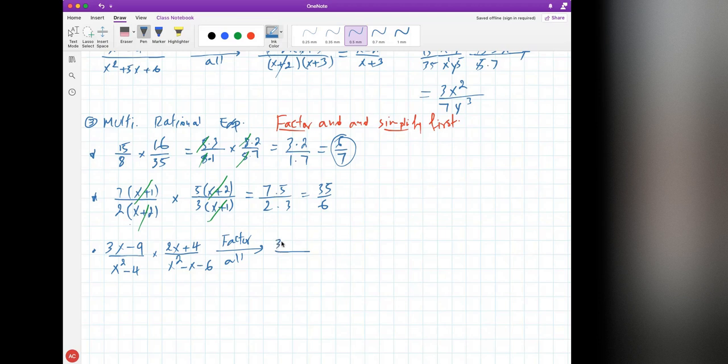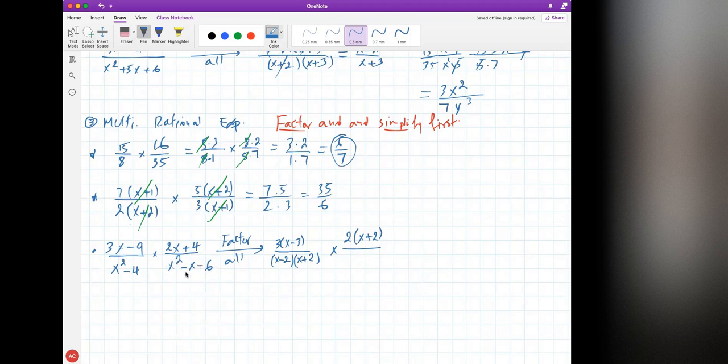This would be 3x minus 3, and factor the binomial, difference of two squares, what do we get from that? This will be x minus 2, x plus 2. That's right, and also here, 2 is a common factor, we get 2, x plus 2.